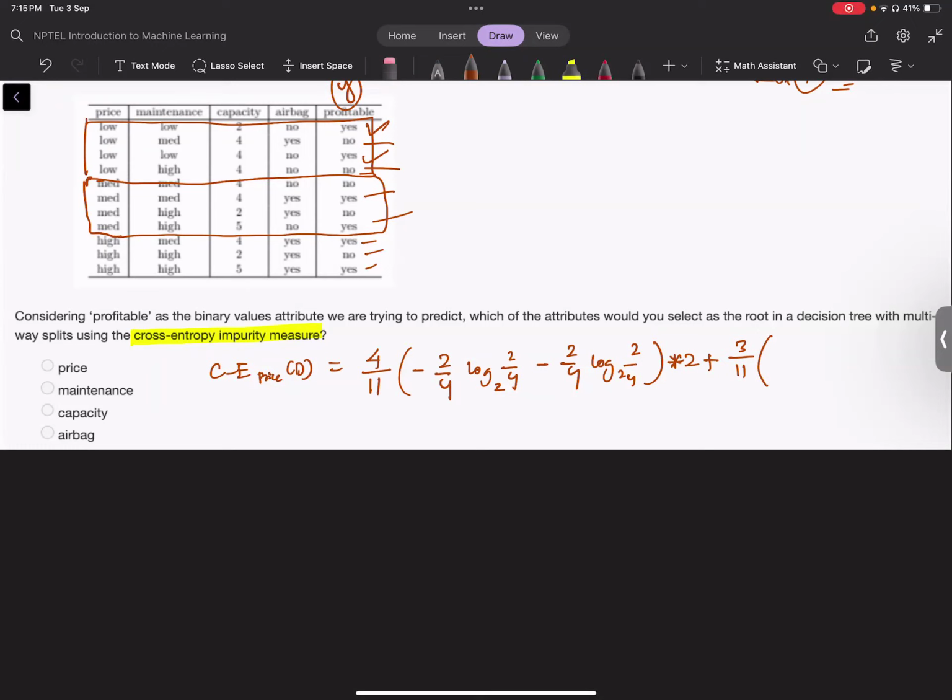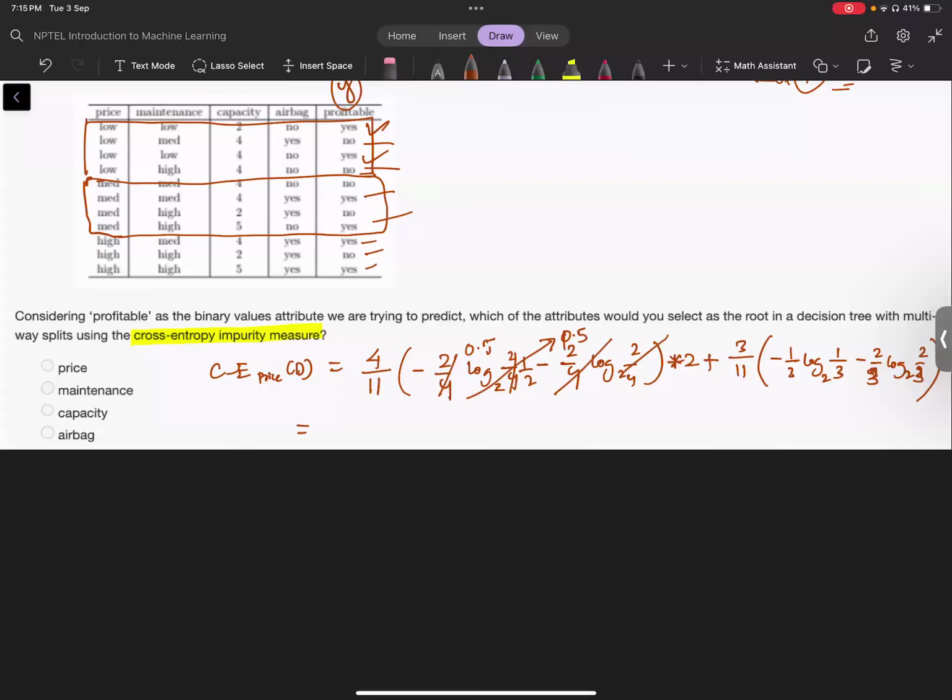So for no first, minus 1 by 3 log 1 by 3, minus 2 by 3 log base 2 by 3. Okay, this is for the price, right? If you solve this, this is 1 by 2, so this is 0.5, and this is 0.5 as well.